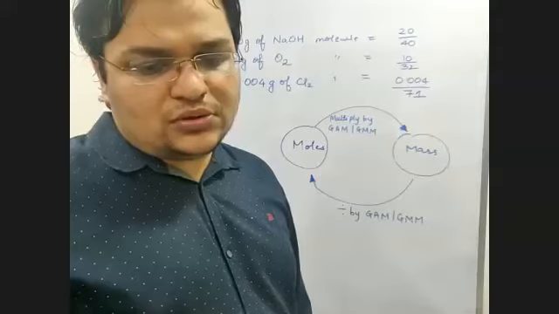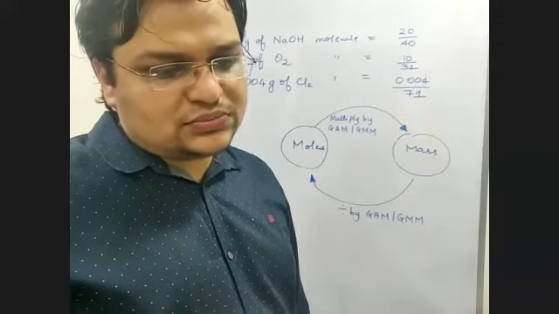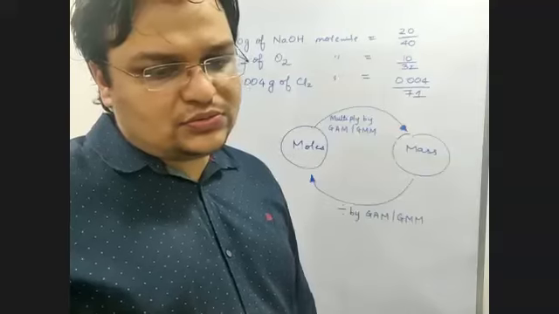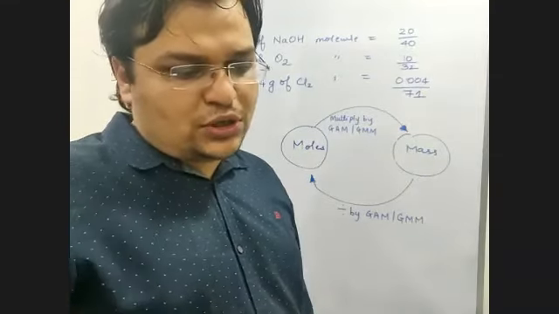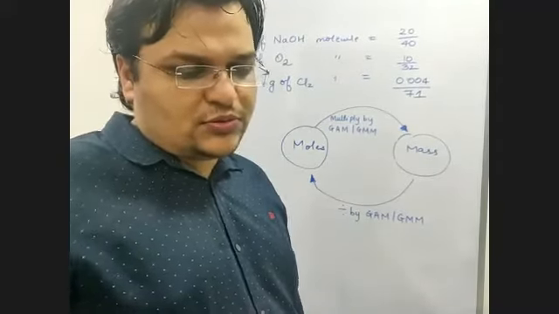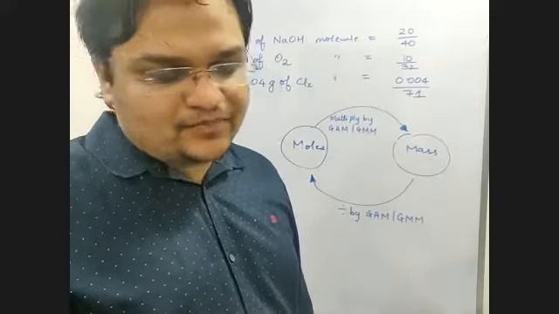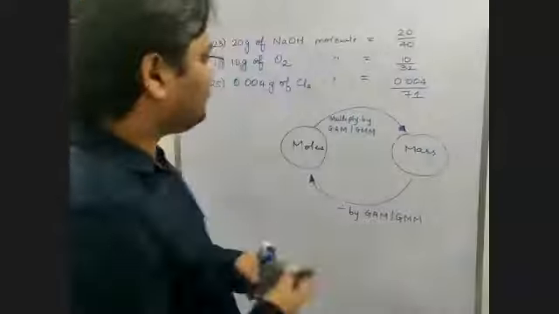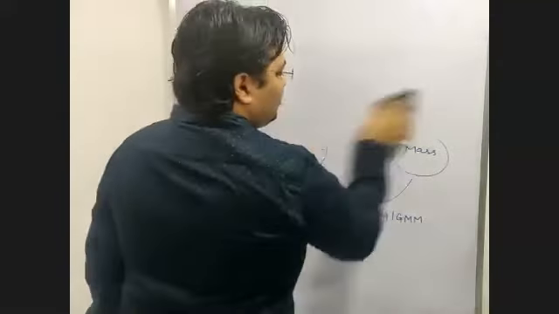Moles to molecules. Multiply by 6.02 into 10 raised to 23, or Avogadro's number.